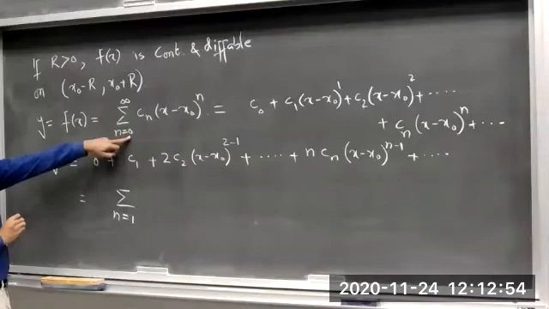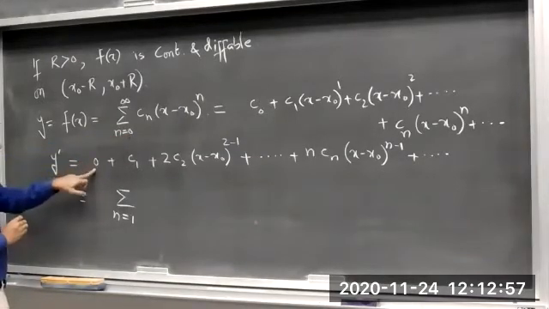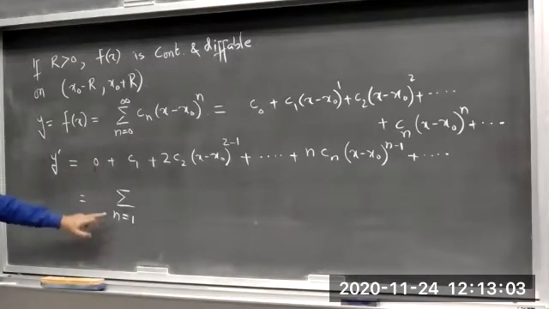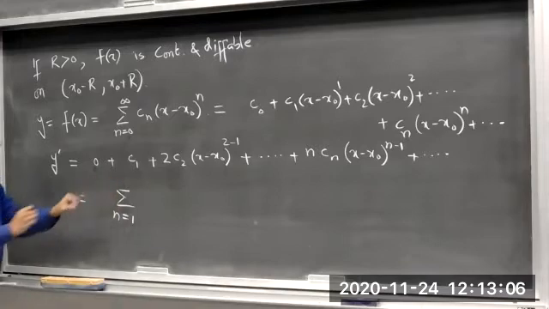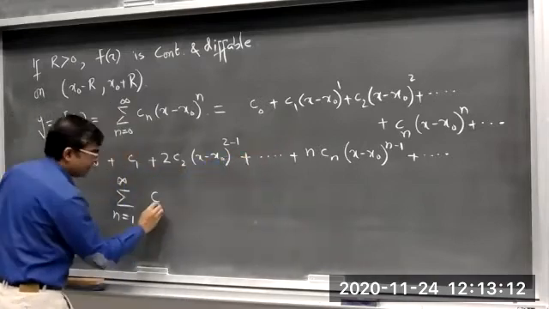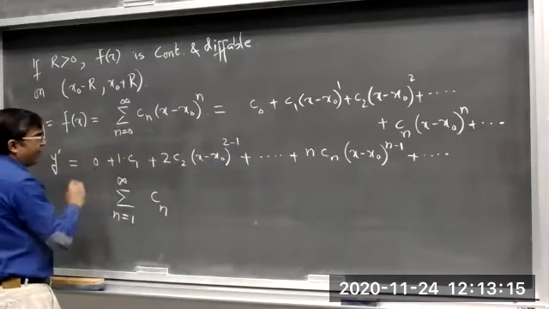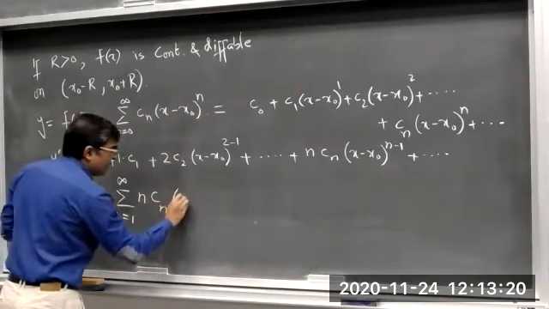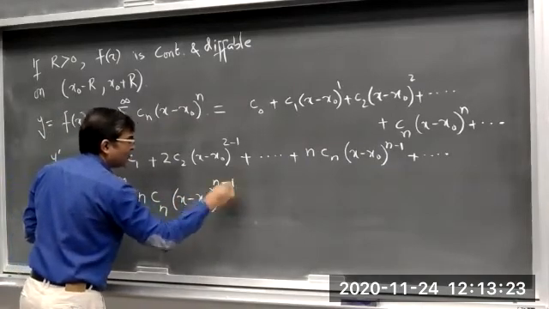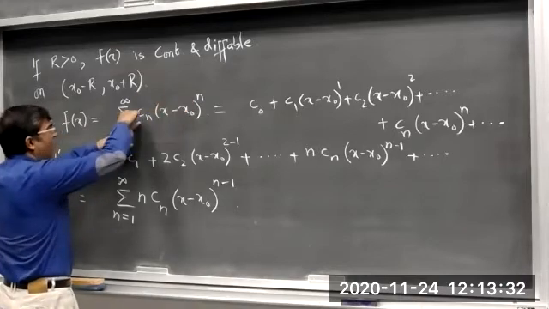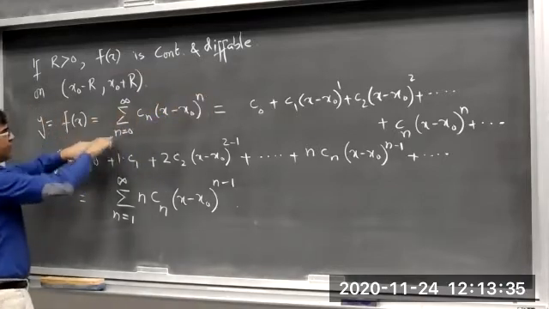Previously it started from 0, but in the derivative of this power series the first term has become 0, so now the summation will start from 1 to infinity. c1, c2, and so on, c_n. And here if we have 1, 2, and so on, n, so here we must have n (x minus x naught) raised to power n minus 1. So this is basically the derivative of this power series. We take this n down here, and the summation starts from 1 to infinity.